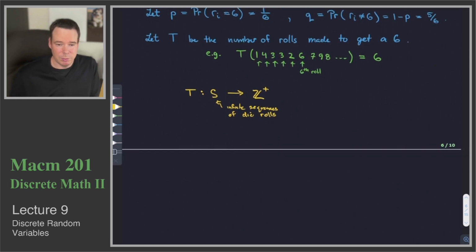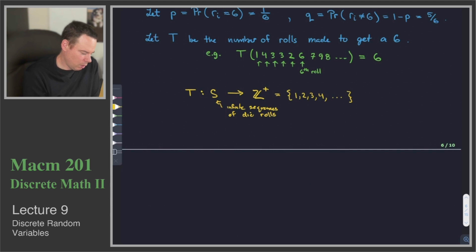Now, to find the expected value, we sum over the range of the random variable times the probability that we get that corresponding value in the range. It was important to note that our range is 1, 2, 3, 4, and it goes on forever, so our range is infinite in this case.